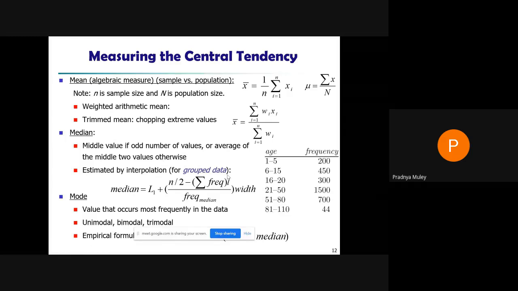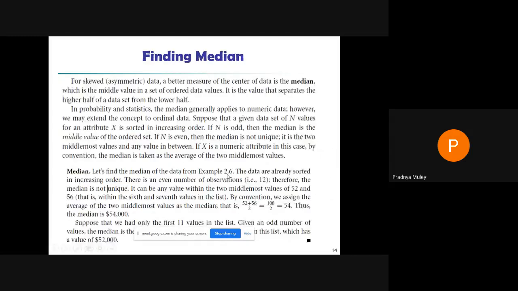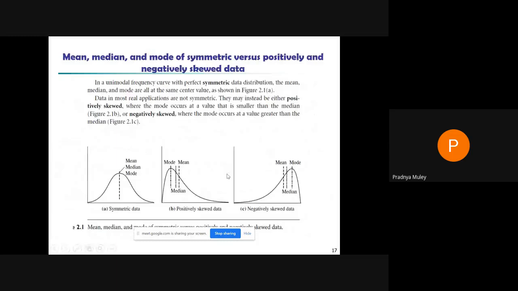Let us next find out the mean, median and mode of symmetric versus positively and negatively skewed data. So look at this graph. The graph is plotted for the points of this data set.